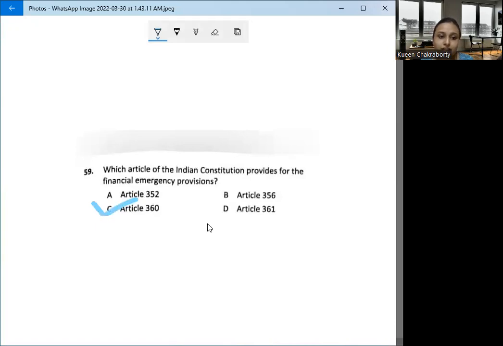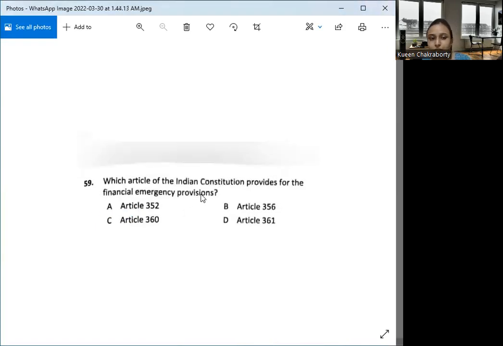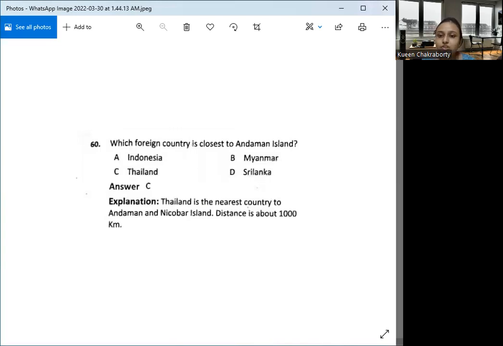Moving on to the next question, question number 60. Which foreign country is closest to Andaman Island? Option A, Indonesia. Option B, Myanmar. Option C, Thailand. Option D, Sri Lanka. I felt this answer is quite tricky, so I have written it down.